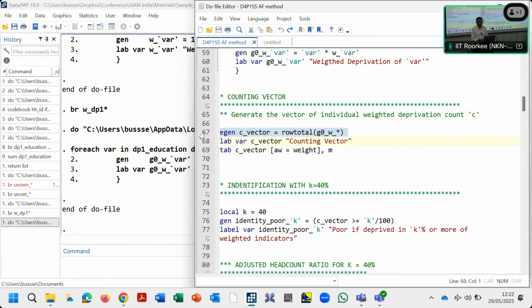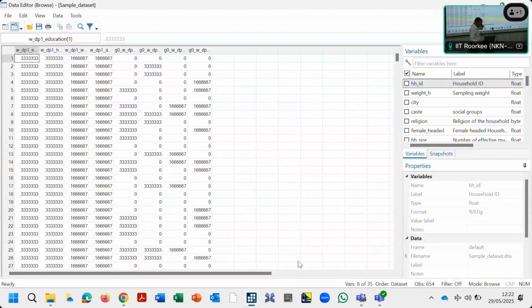So we are using this egen command. C vector is equal to the row total for this G0 weighted. So for the G0 vector, we just have to sum. We are taking the summation of these 4 columns for each row.